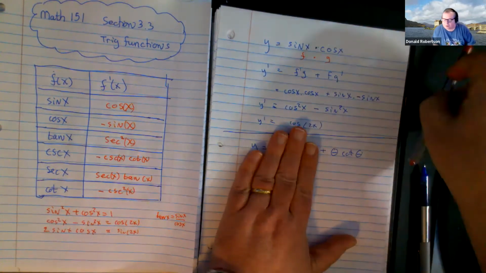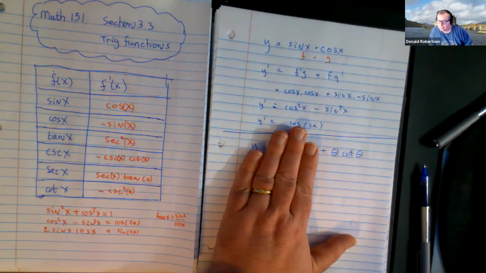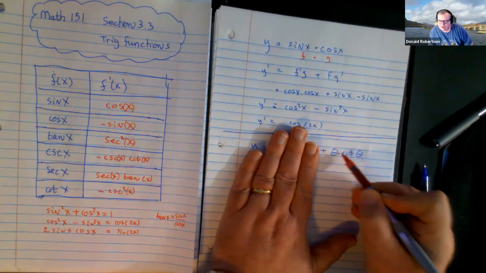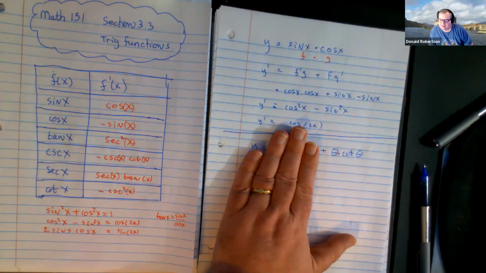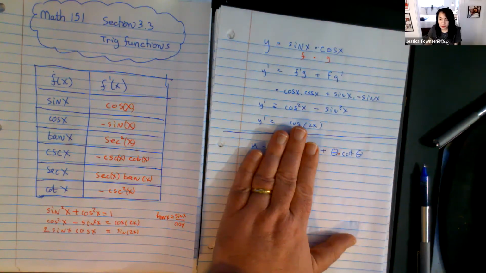Theta cotangent, what method? Theta times cotangent. Product rule, quotient rule. Product rule.